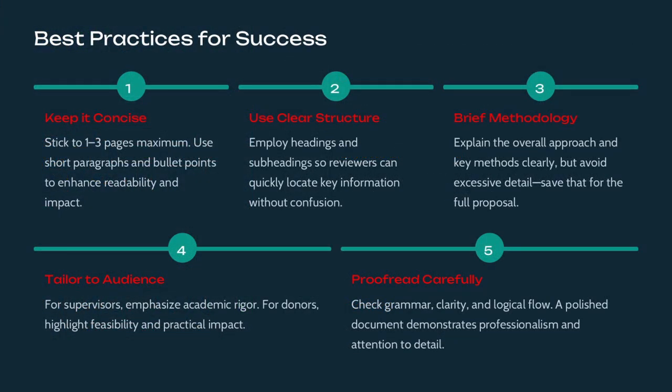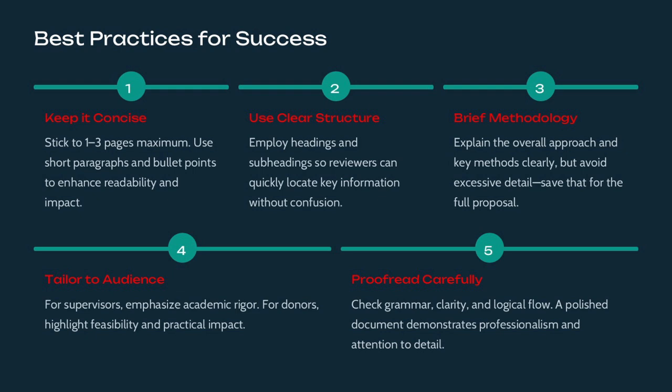Then best practices. What are the best practices one can use while writing a concept note? Please make it concise, don't make it more elaborate, because then again it will become your research proposal. Then it has to be clear, try to make it clear rather than vague. Don't give any vague statement, don't give any broader statement without any clear analysis.